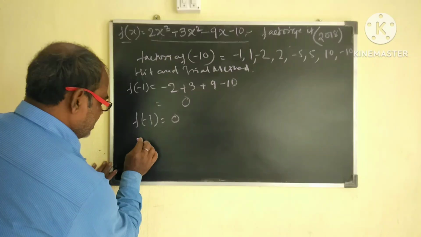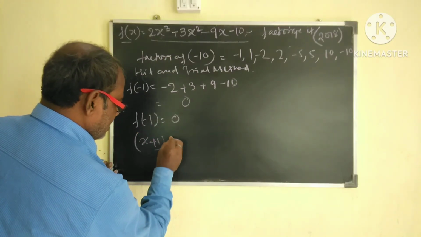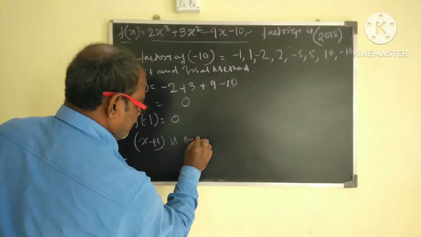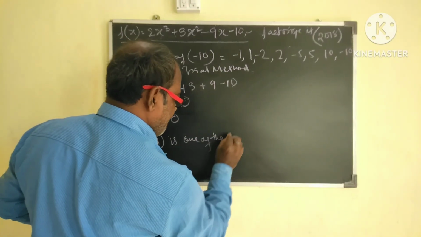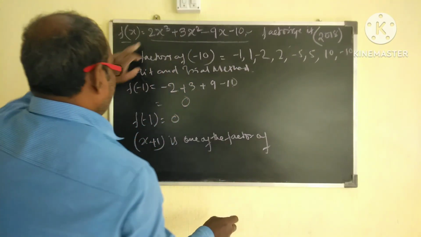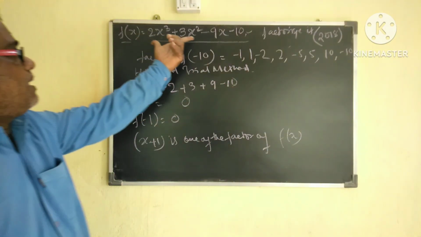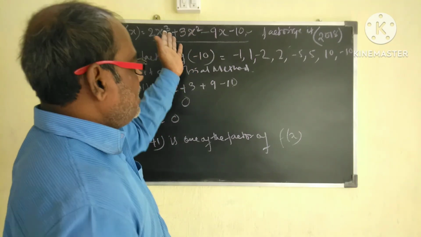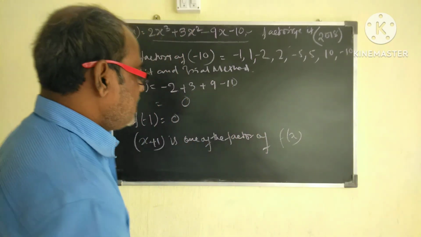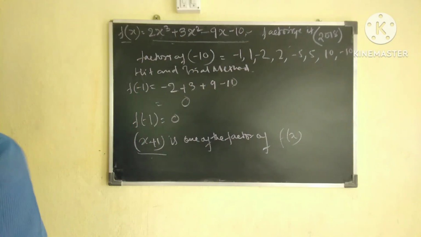Therefore, one of the factors of f of x is x plus 1. Since this polynomial f of x is of degree 3, we are going to get 2 more roots. Now we will divide by x plus 1.